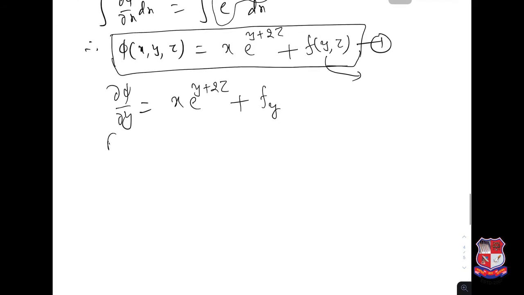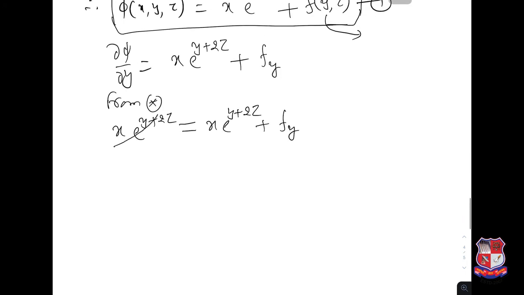So del phi by del y is x e power y plus 2z, and that is equal to x e power y plus 2z plus fy. Now see, these two cancel, so this is 0 equal to fy.